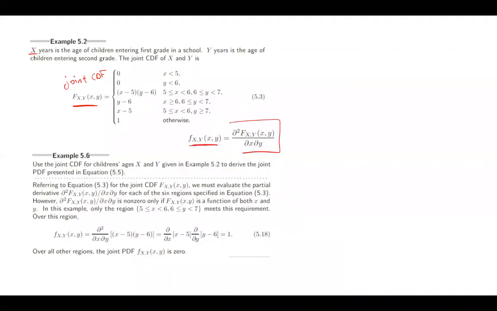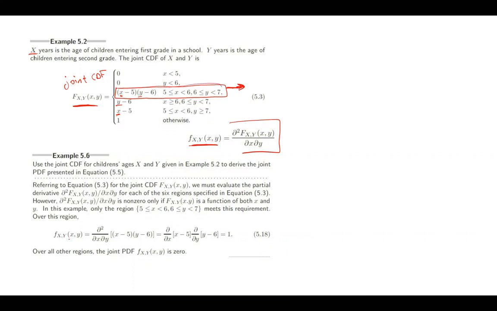As you see, there is just one range there where we got X and Y. All others are either not dependent on X and Y, or depend on only X or only Y. So when you take the second order derivative of this joint CDF, we can get the joint PDF from this range only. All others will be 0.